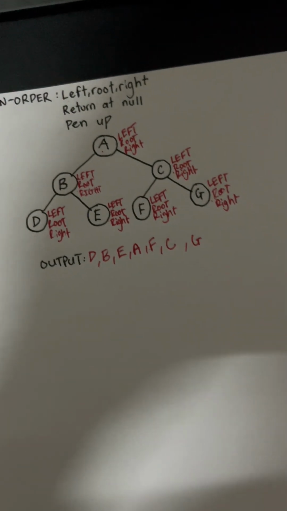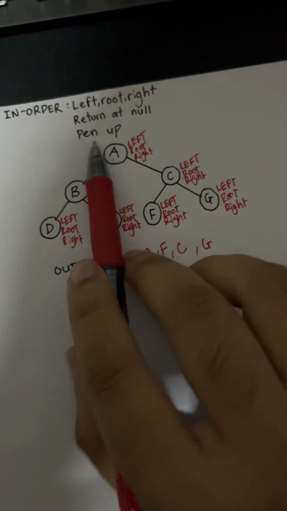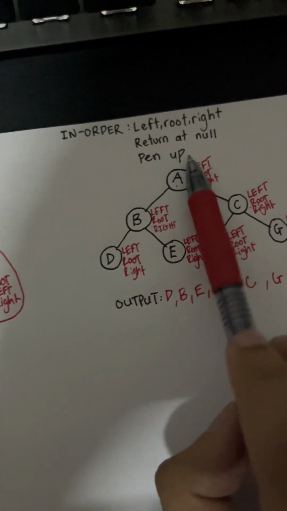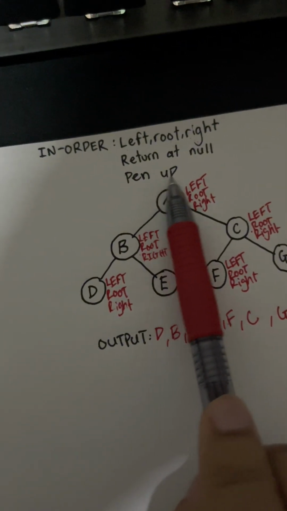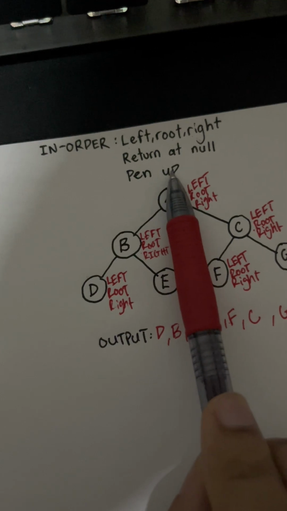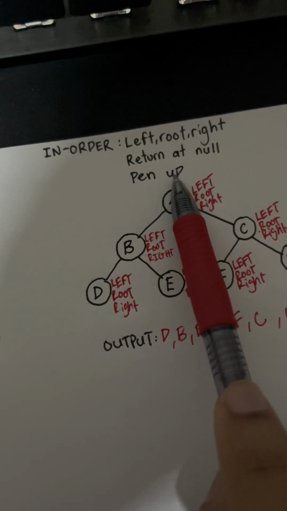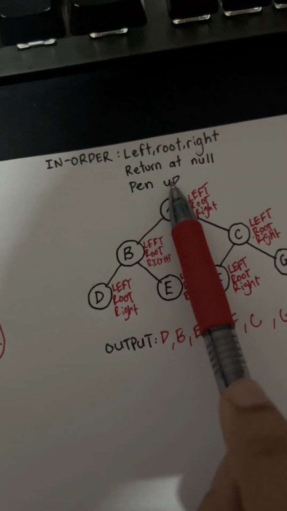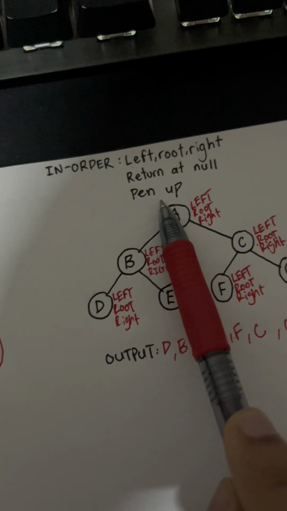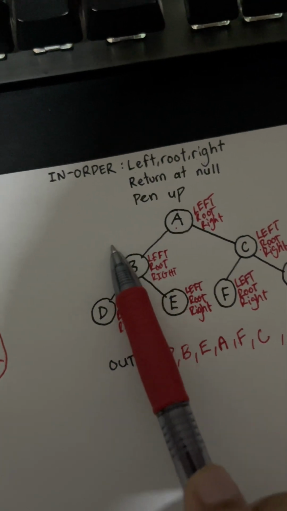Right, in a similar way, the shortcut for this is point your pen upwards, starting from the top of the tree, right? Wherever your pen is pointing, you will print that out, and you can trace around the branches. So starting from here, you start to trace, right?